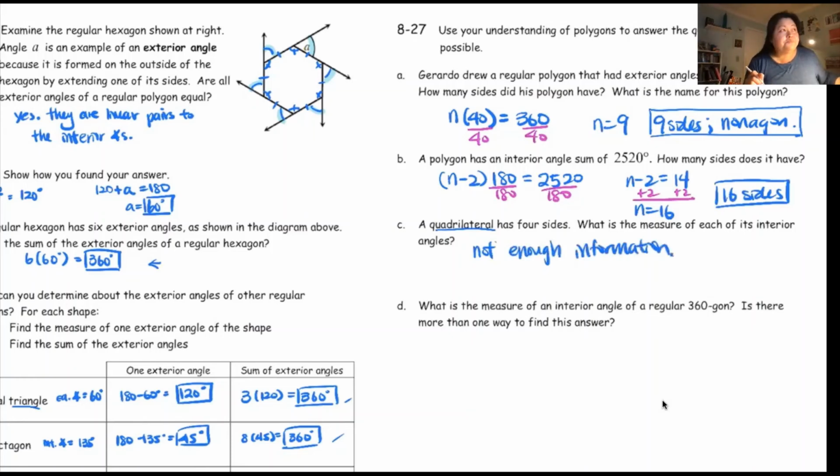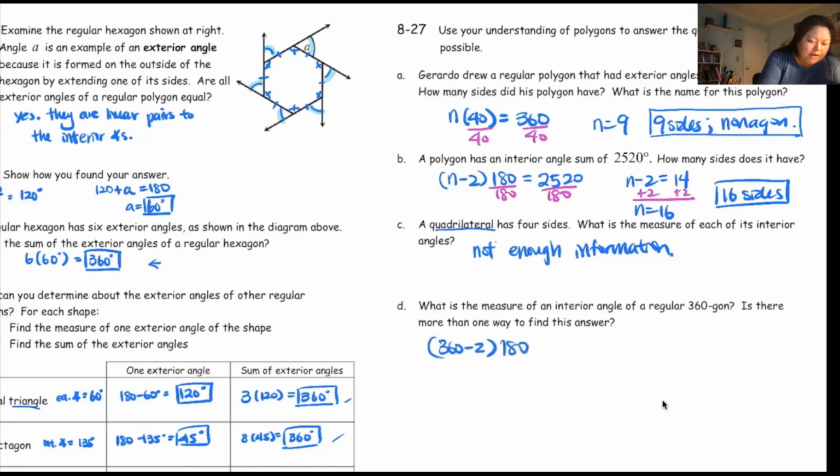Okay, moving on. Next it says, what is the measure of an interior angle of a regular 360-gon? Wow, is there more than one way to find this answer? Well, let's see. We figure that we need to find the sum first and then divide by how many. So n is 360 because there are 360 sides. So 360 minus 2 times 180 will give me my sum.